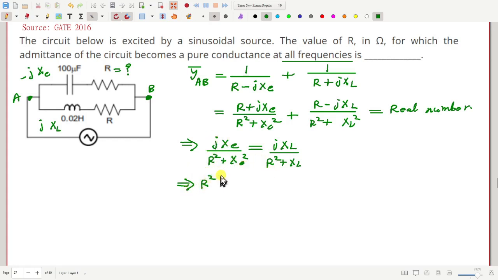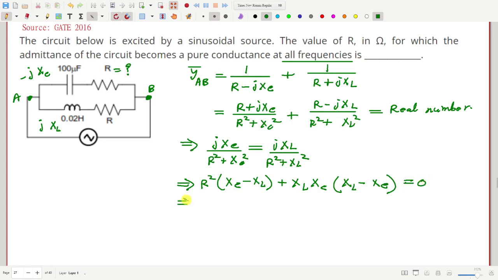We get R square XC minus XL, plus XL XC I will take common, XL minus XC, equal to 0, right? Am I correct?